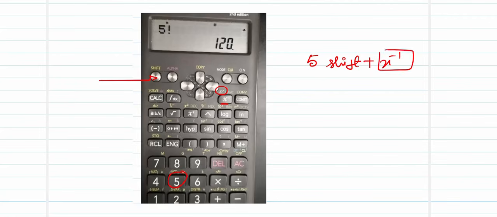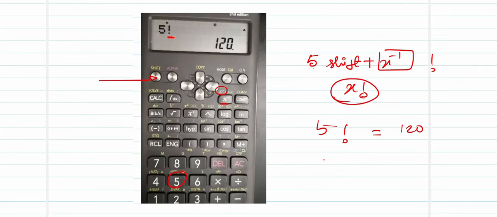When you press the x inverse button, the operation on top of it, namely the factorial, will now get activated, and you will see the factorial symbol appear on your screen. So first 5, and shift plus inverse will give you a factorial sign, and now you press equal to, and the answer for it, 120, will be displayed on your screen.